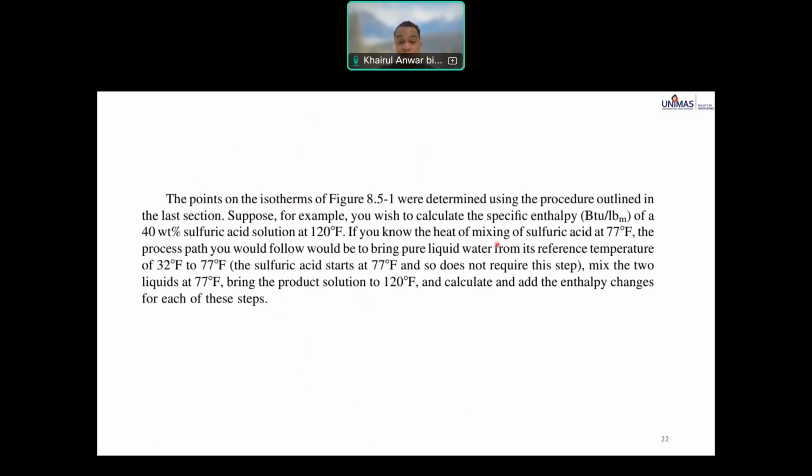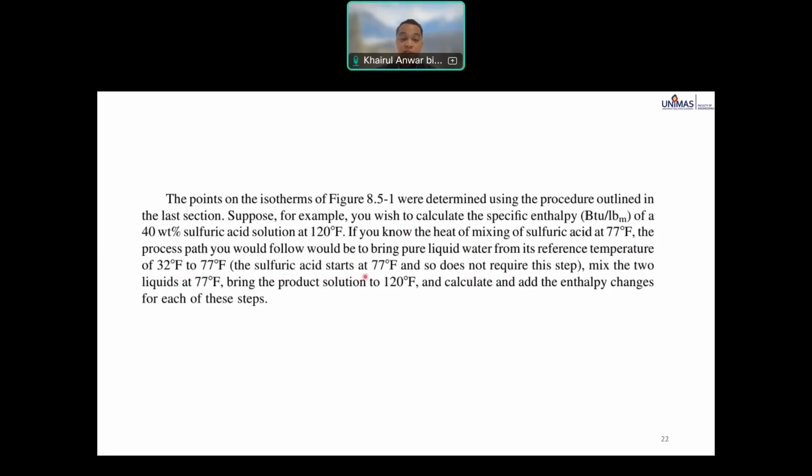So if you know the heat of mixing of sulfuric acid at 77 degrees Fahrenheit, the process you would follow would be to bring pure liquid water from its reference temperature of 32 to 77.